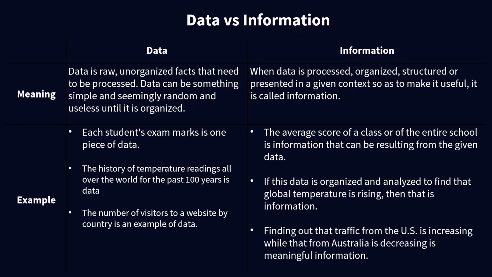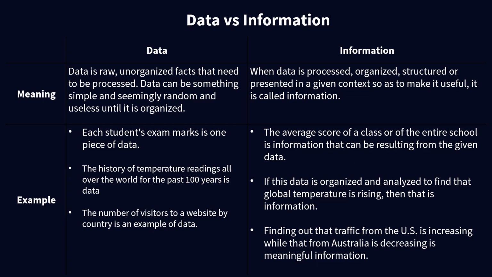Now, let's see some example of data and information. First of all, look at the meaning of data. Data is raw, unorganized facts that needs to be processed. Data can be something simple and seemingly random and useless until it is organized. Information.